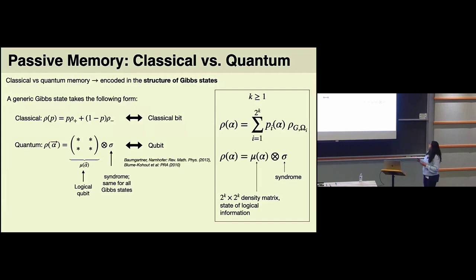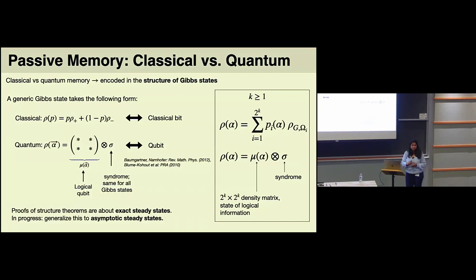More generally, if I have many bits or qubits, then I can write rho alpha as a sum over all of these different Gibbs state components, 2 to the k of them, and this rho alpha for the quantum case is written as this tensor product, where sigma does not depend on alpha, but mu alpha is this 2 to the k by 2 to the k density matrix, which is the state of my encoded logical information.